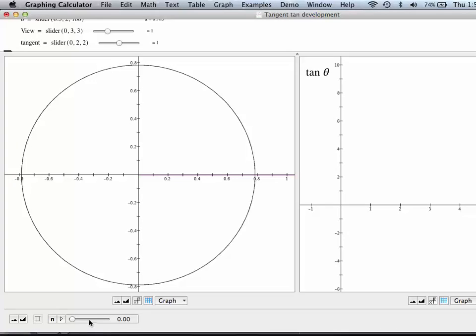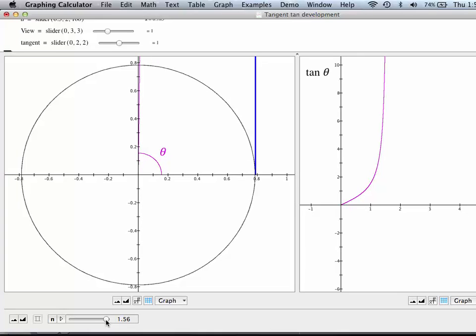And as we change the terminal side to measure pi over 2, tangent's going to increase to infinity. Watch it. Here we go. And so now when you get close, it's going to just take off.